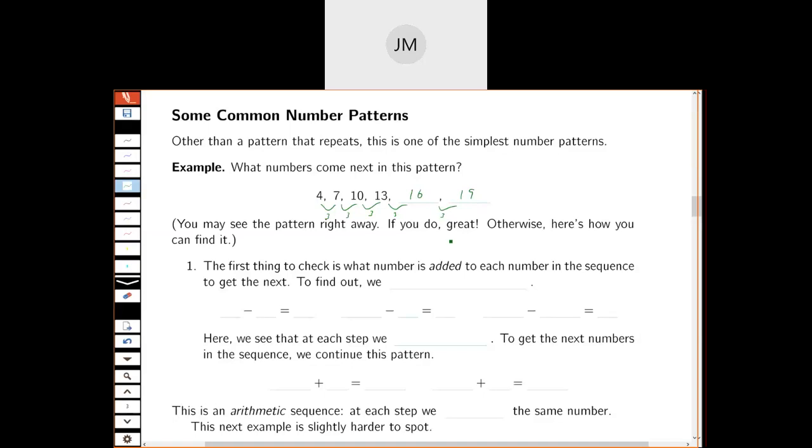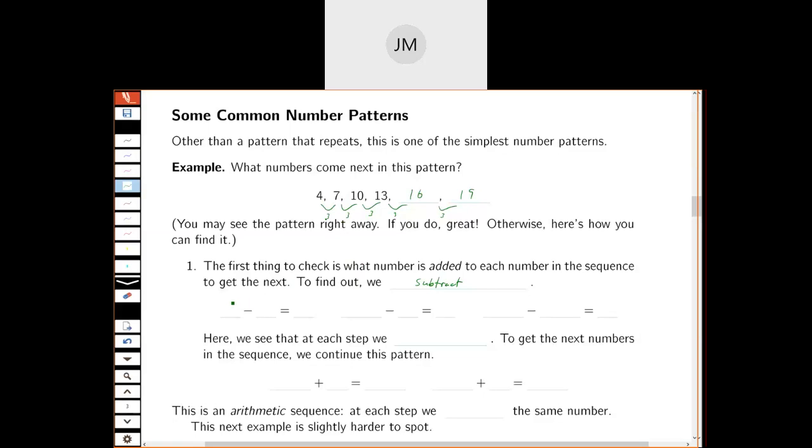So the way that we can figure out how much is added is to subtract. And this is a very simple pattern, so you could just look at 4 and look at 7 and say, okay, I know it's adding 3. But if the numbers were messier or bigger, or there was a bigger difference between them, then that's how you do it.